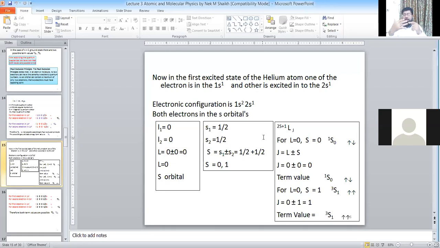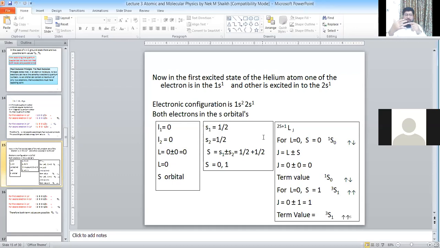This value depends totally upon the orbitals. So here, both are in the s orbital, so again the term values will be 3S1 and 1S0.